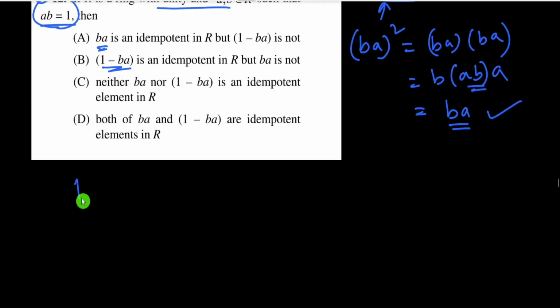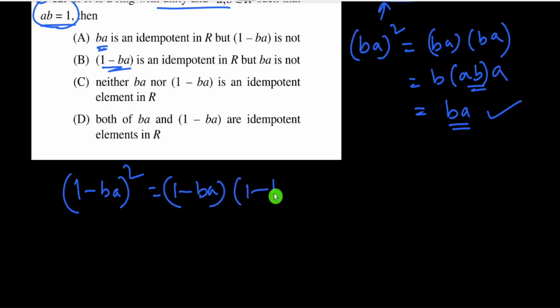Next, (1 minus ba) square equals (1 minus ba) times (1 minus ba), which is 1 minus ba minus ba plus ba times ba.